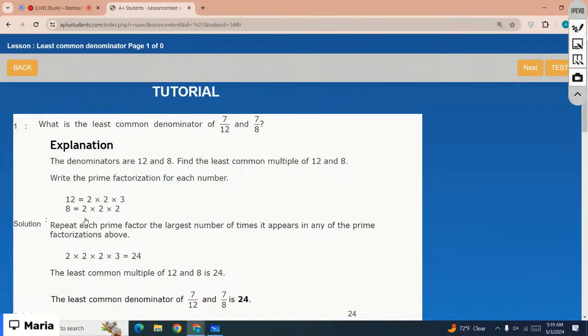Okay, the fractions you are given are 7 over 12 and 7 over 8. So, how do we find the least common denominator?